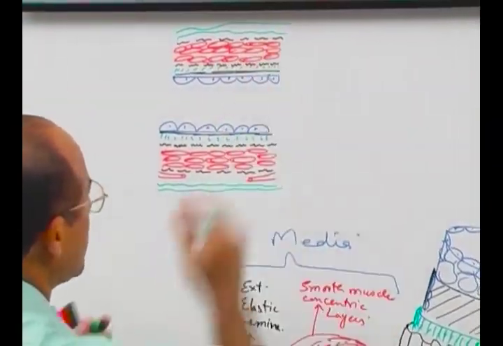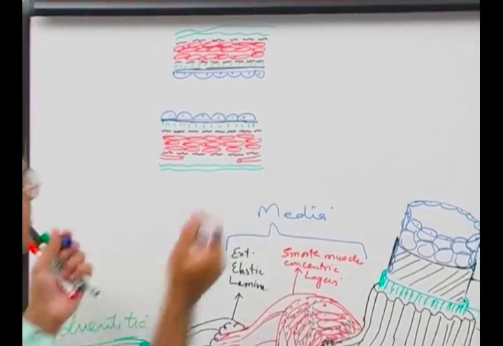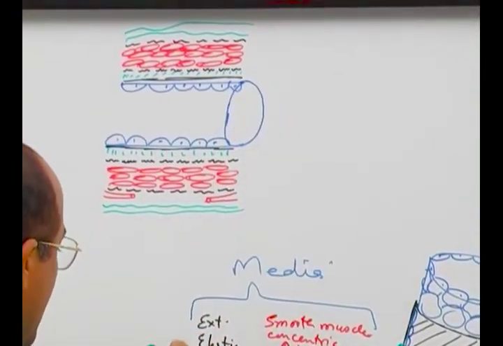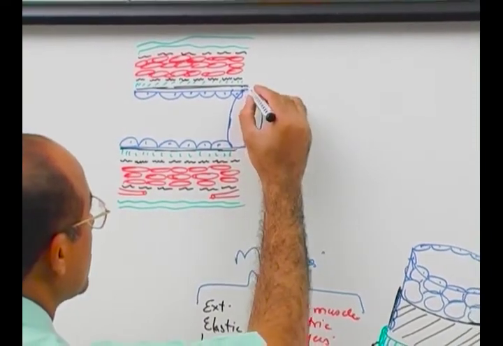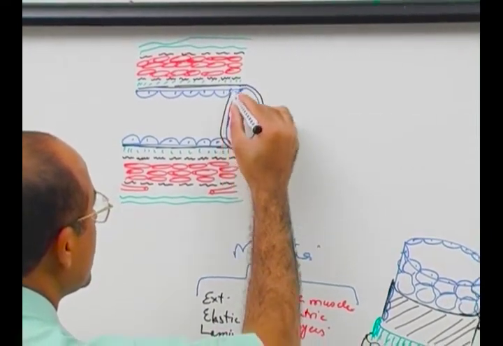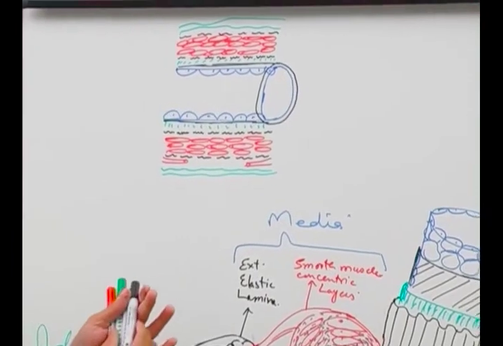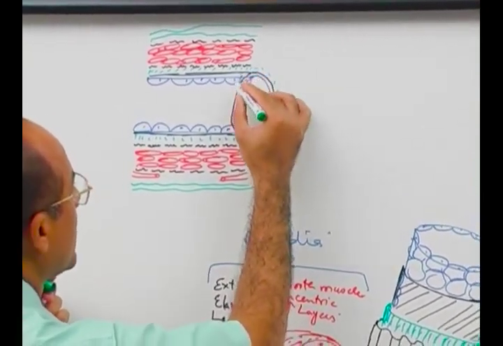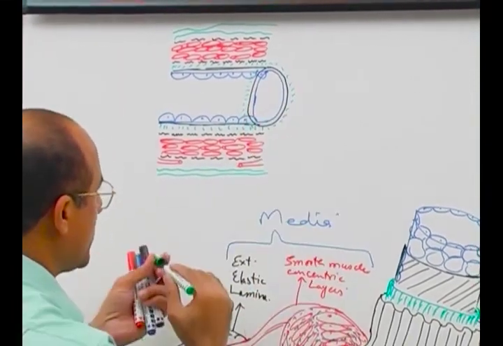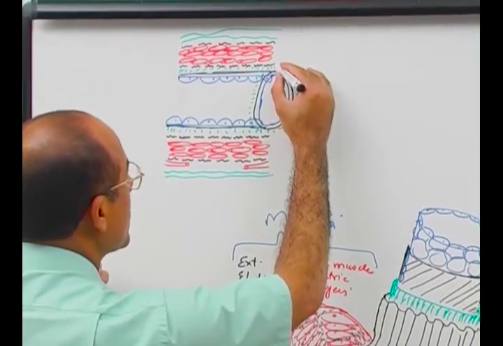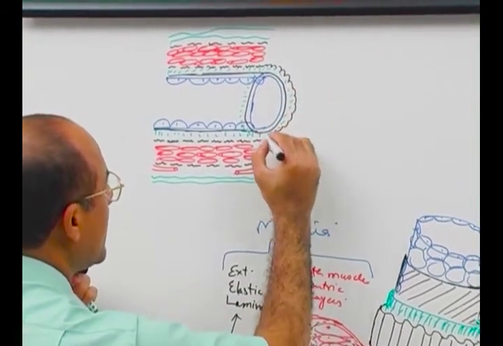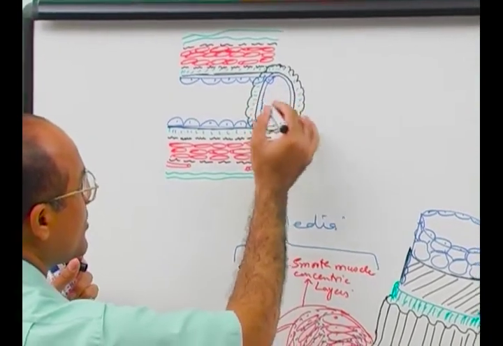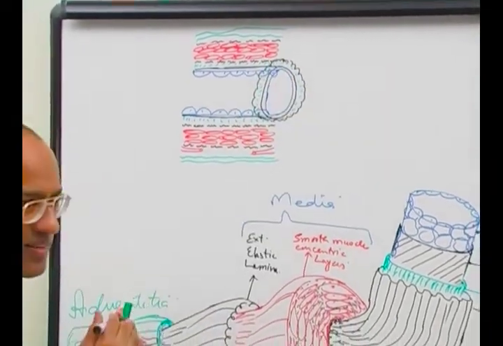Adventitia, right? So again, here we'll make adventitia. Just to make a proper perspective, let's make it circular. What was this? Endothelial ring. And the endothelial ring is on, what is it? Basal lamina. And what was this around it? Subendothelial connective tissue. And now what is the structure around it? Internal elastic lamina. And all the structure up to now is intima.